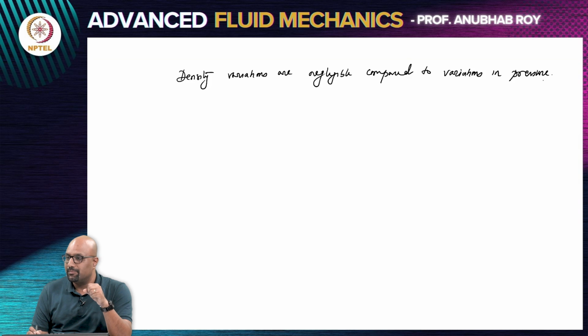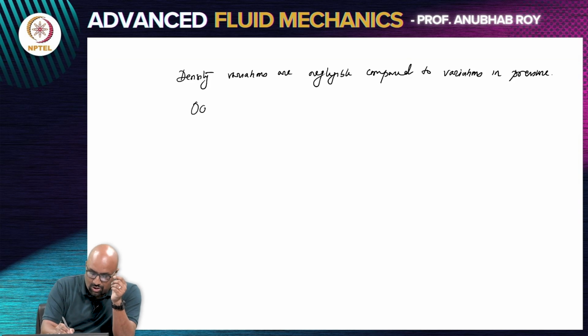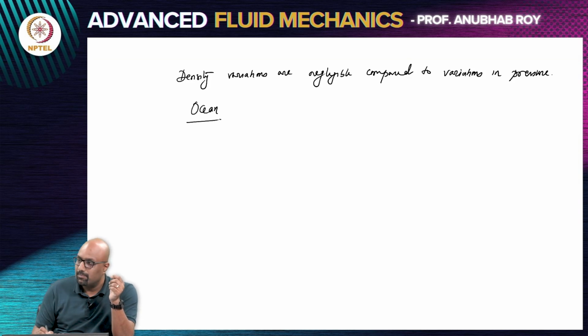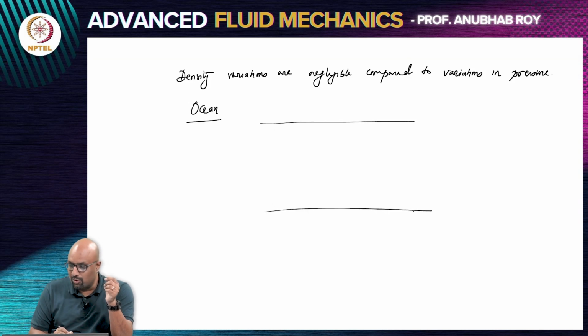to be incompressible. So, a classic example where this occurs is in the ocean. If you take the deepest part of the ocean, that would be in the Pacific, roughly around 10 kilometers or a little more in depth from the sea surface.